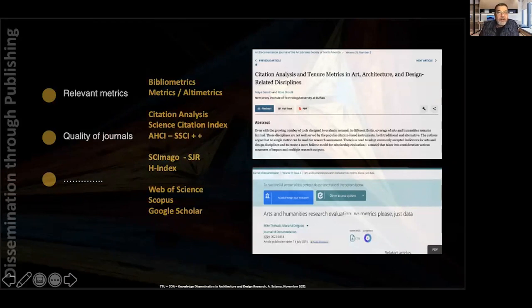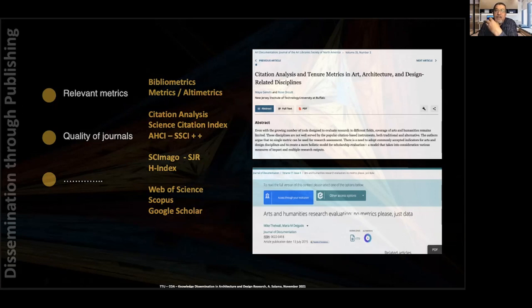So what are the relevant impact metrics for scholars? Most impact metrics are focused on science. Some are focusing on social sciences, but the majority are STEM biased, and I'll show a couple of examples here.